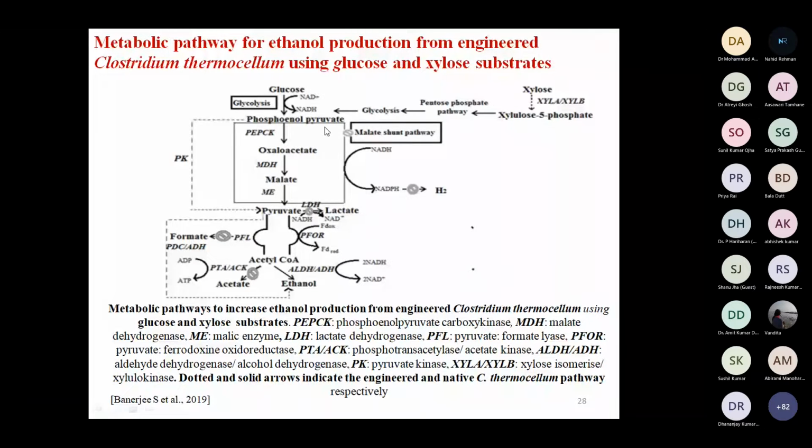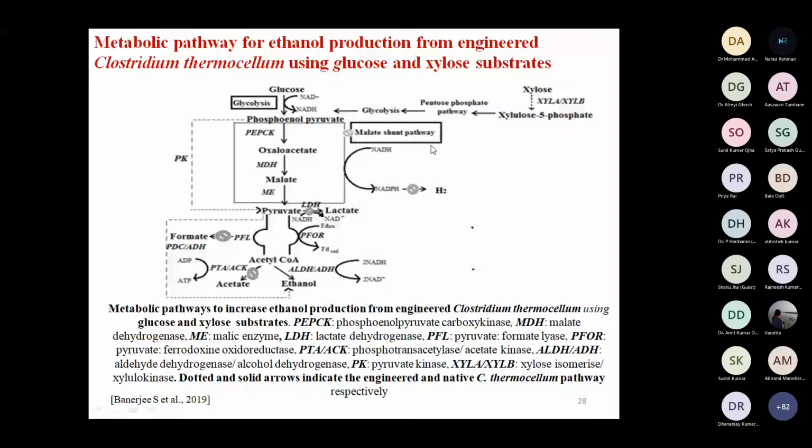Here you can see the pathway. Also shown is such a nice picture of the integration of the pentose phosphate pathway, and there is a malate shunt pathway as well, to convert malate to pyruvate.